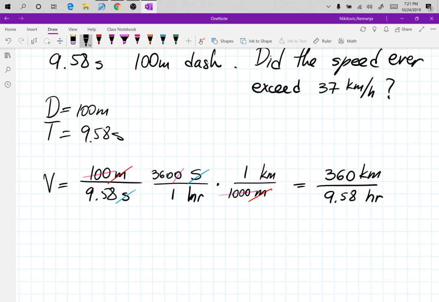So now we divide 360 by 9.58, and we'll get the average, right, which is going to be 37.6 kilometers per hour.